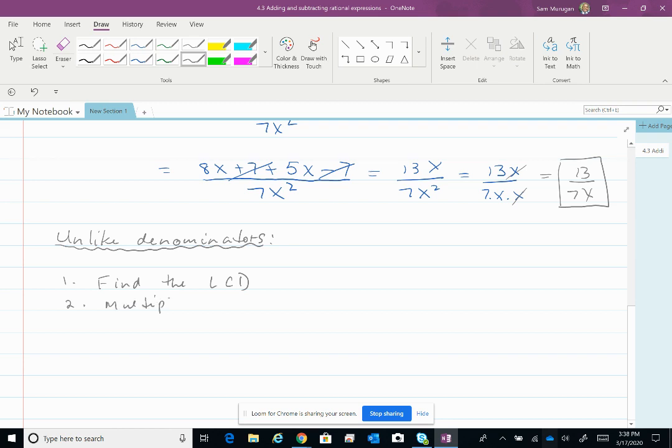Multiply each term by the missing factor, and 3, add, subtract, then simplify.